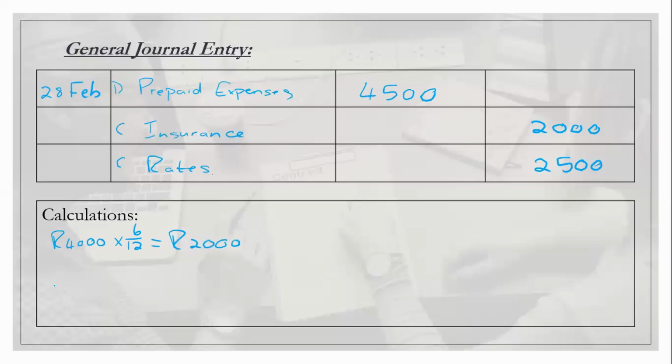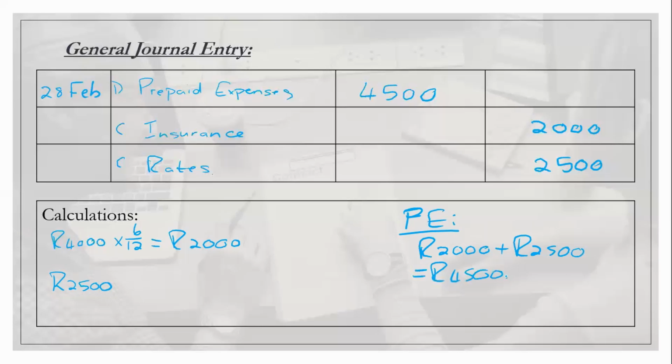We know that our rates amount was 2,500, so we didn't need to calculate that. Therefore, our prepaid expense total is the 2,000 Rand plus the 2,500, and that gives you the 4,500 Rand.